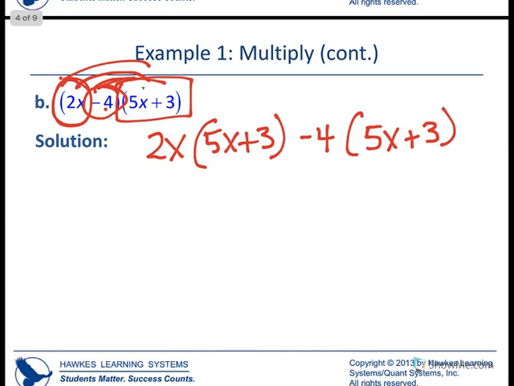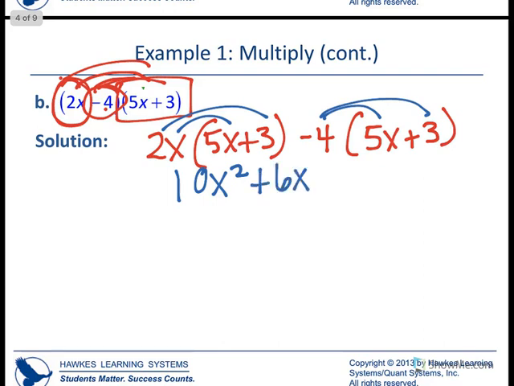Okay, so we do that by distributing, of course. So you're going to end up with 2x times 5x, which is 10x squared. And then 2x times 3 is going to give you 6x.